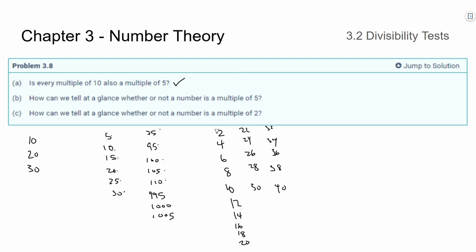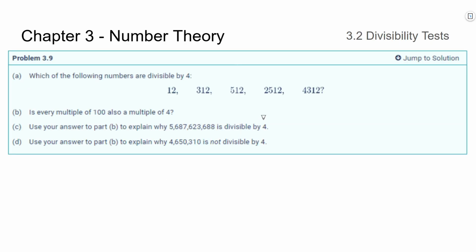All right, so this pattern here, we have 2, 4, 6, 8, 0, 2, 4, 6, 8, 0, 2, 4, 6, 8, 0, 2, 4, 6, 8, 0. This looks like all the even numbers to me. So I don't see anything here that ends in a 1, 3, 5, 7, or 9. So if it's an even number, it's a multiple of 2. You probably already knew that.